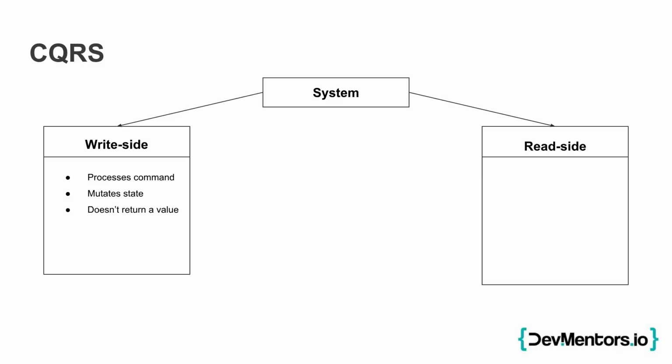What is crucial is that you should not think about the command as a DTO, because the DTO, the data transfer object, is a simple pattern that reduces the number of round trips to your API.